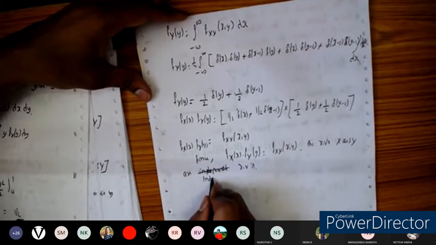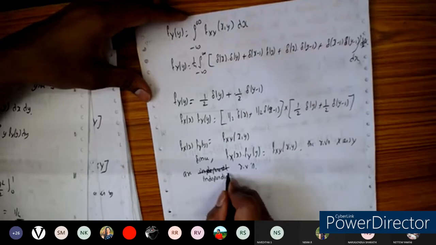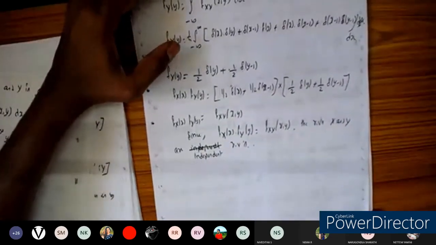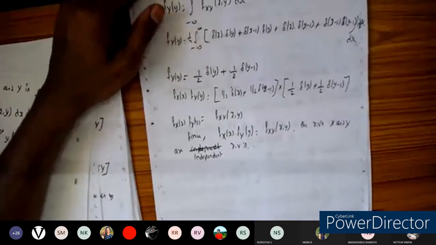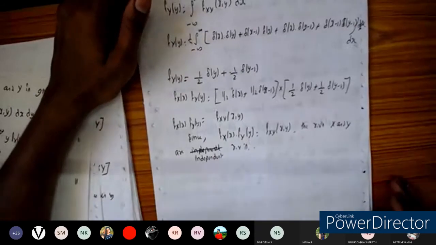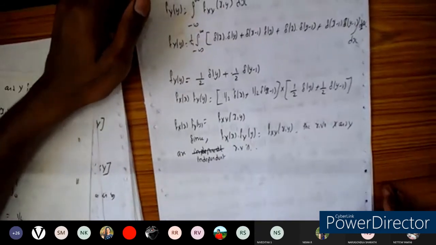So these two are independent random variables we can consider here.